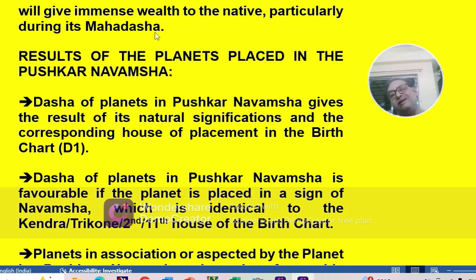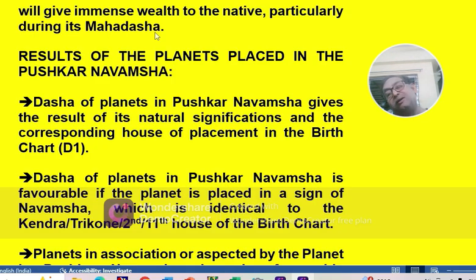And in the birth chart, perhaps it is in Leo. For example, in the birth chart, your Venus, which is in Pushkar Navamsha, is in Leo. And in the Navamsha chart, it is in Libra, because it will go to the sign of a natural benefic planet.